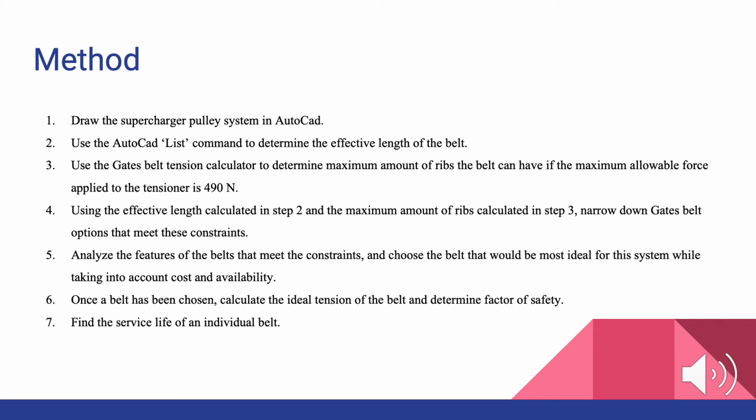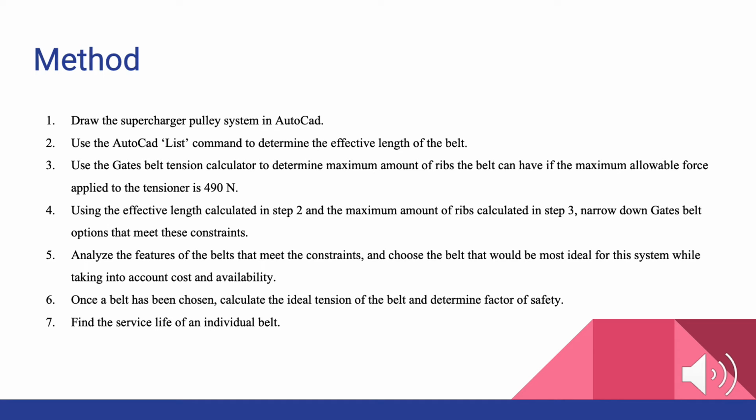Our methods for determining the proper belt to use consisted of drawing the supercharger pulley system in AutoCAD, using the AutoCAD list command to determine the effective length of the belt, and using the Gates belt tension calculator to determine the maximum amount of ribs the belt can have if the maximum allowable force is 490 newtons. Using the effective length calculated in step 2 and the maximum amount of ribs calculated in step 3, we narrowed down the Gates belt options that meet these constraints.